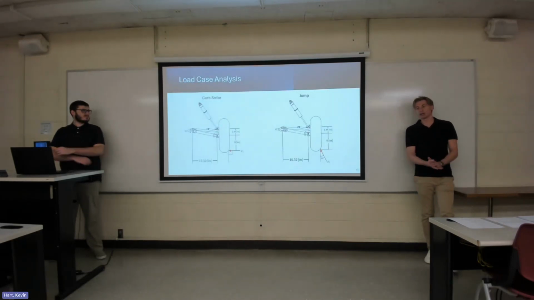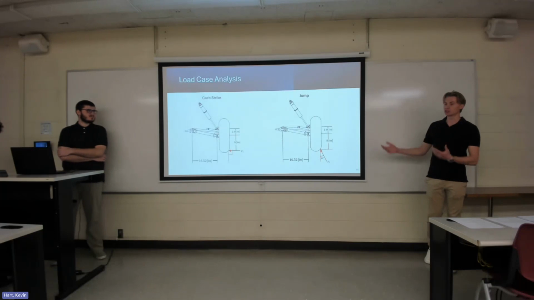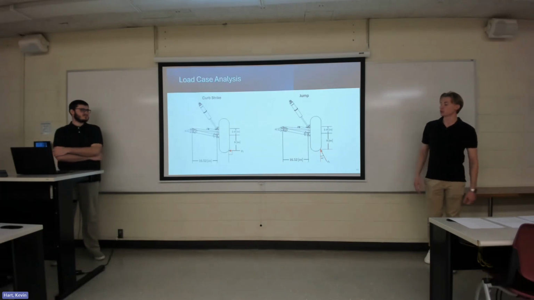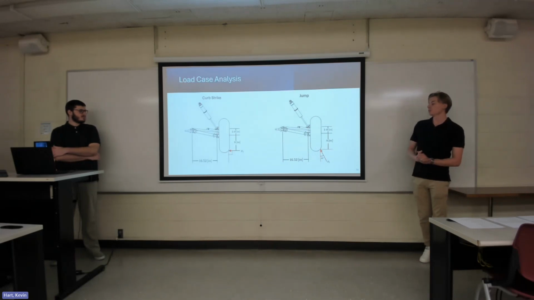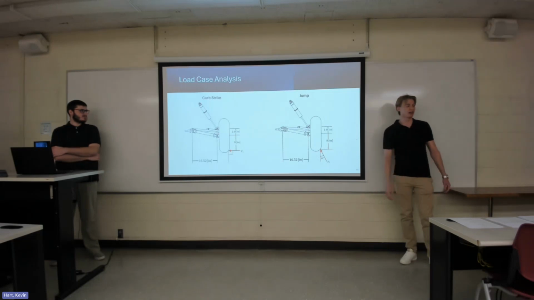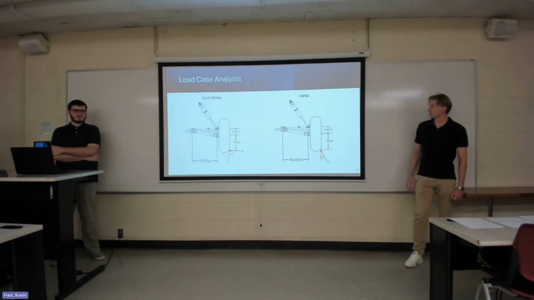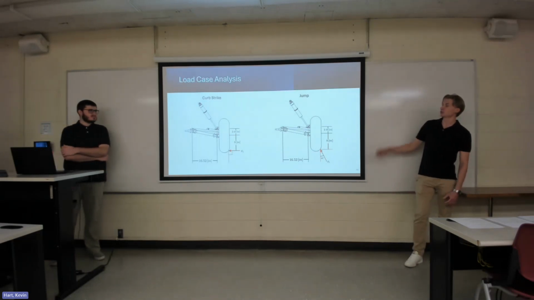Once we had those final design decisions made, we wanted to examine in a preliminary way how they would fare in a few common scenarios, or I guess I would say extreme scenarios, but unfortunately they're very common for Baja. The two we chose to analyze were the curb strike and the jump.